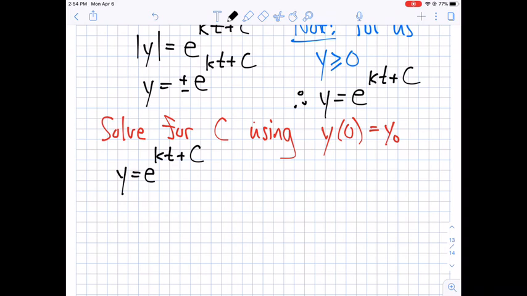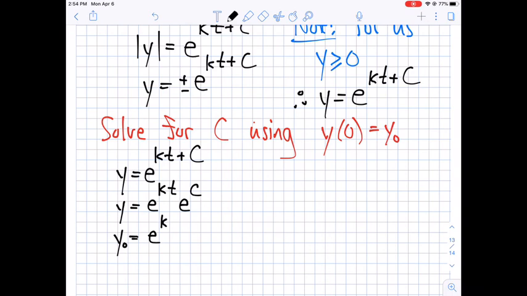So actually, let's just rewrite this using a property of exponentials quickly. We have e to the kt multiplied by e to the c, remembering that when we multiply these two together, we will be adding the exponents. Okay? So fine, this is what we end up with, and now we can go and use our initial condition, y of 0 is equal to y naught. So really, plugging that in, that's t equal to 0 and y equal to y naught.